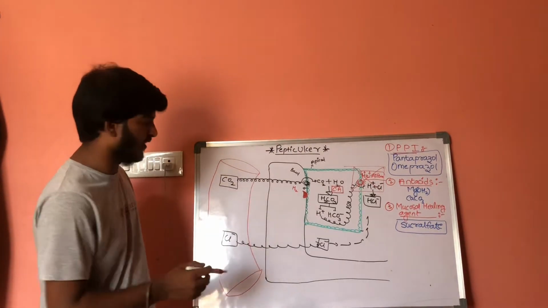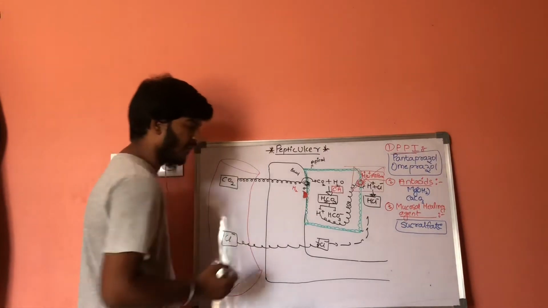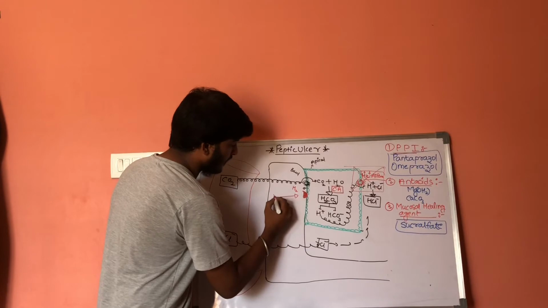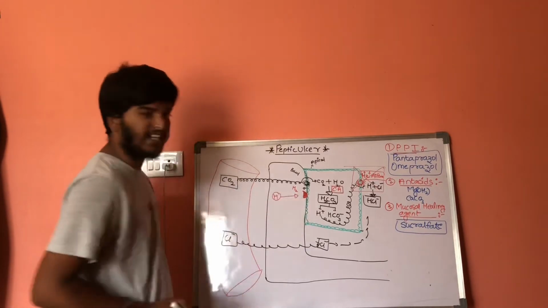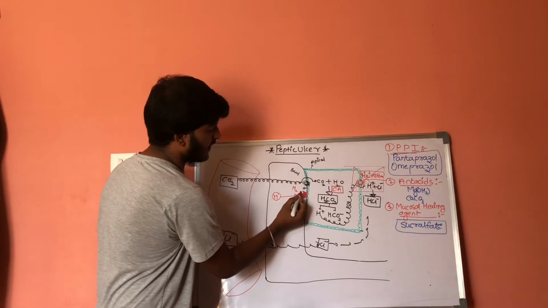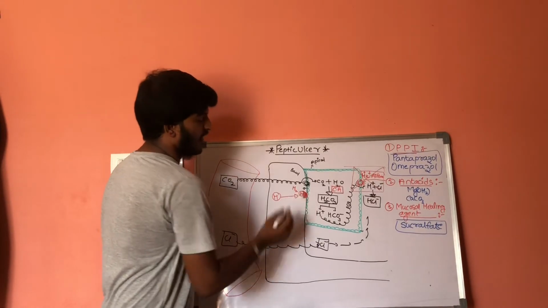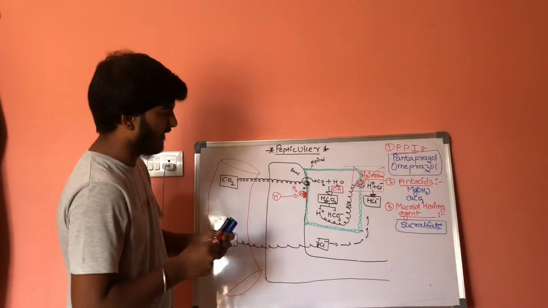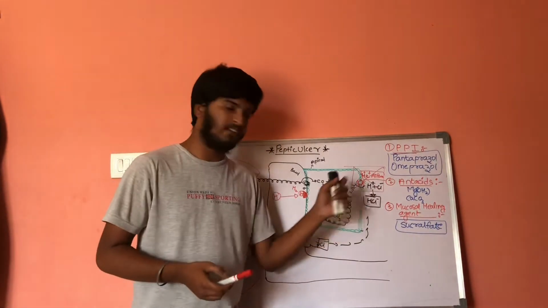If there is attachment of histamine, these H2 receptors will get activated. When the H2 receptors are activated, histamine helps in the release and formation of HCl.